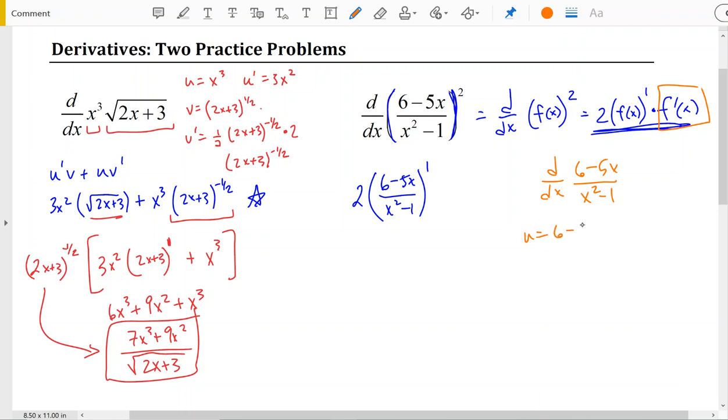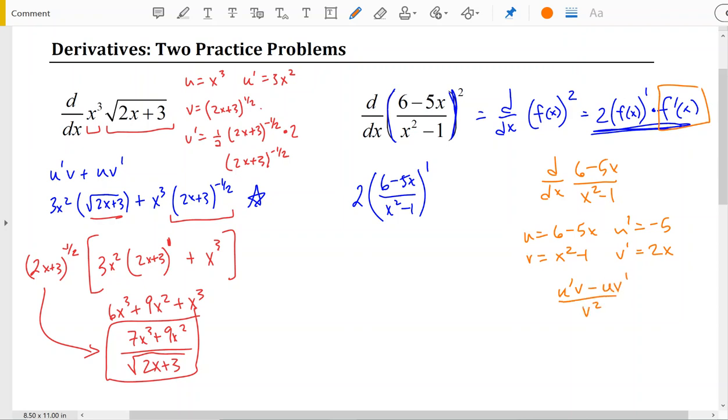U is equal to 6 minus 5x. U prime is equal to negative 5. V is equal to x squared minus 1. V prime is equal to 2x. And our quotient rule, u prime v minus u v prime over v squared.